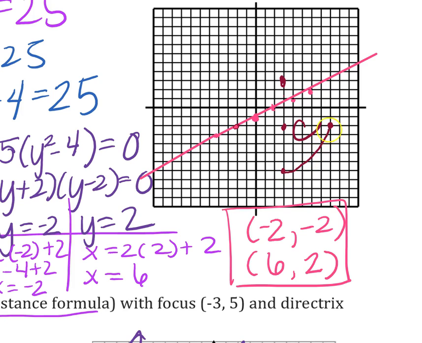So when I get, that's terrible. When I sketch in my circle, do the best you can, really. Make it look nice, since we're not using a compass. Check out the points where it intersects. This is the point 6, 2, and this is the point negative 2, negative 2.